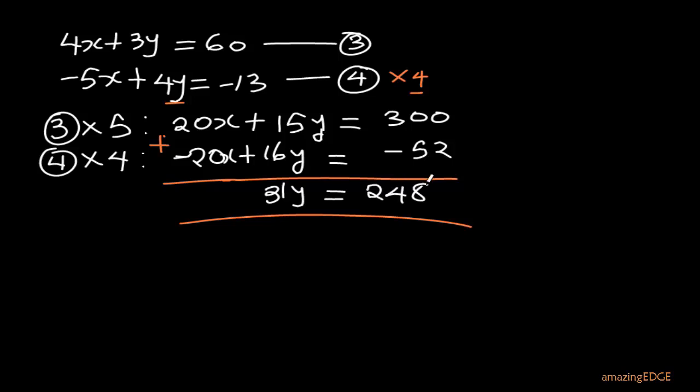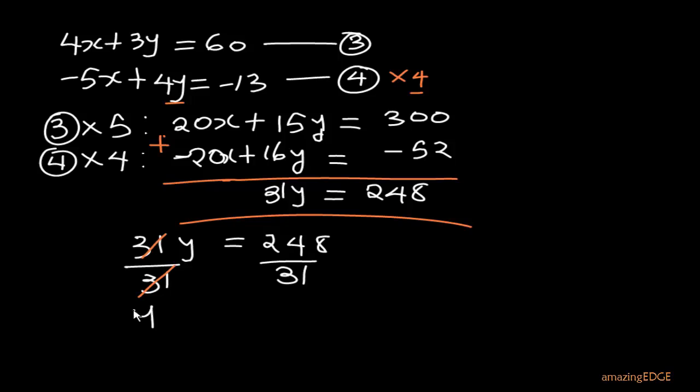So now we have 31y is equal to 248. Now to get one of the values, which is y, divide here by 31, divide here by 31, so that 31 divides this, you're left with y. So y is equal to 248 divided by 31, which gives us 8. So we have gotten y to be equal to 8.